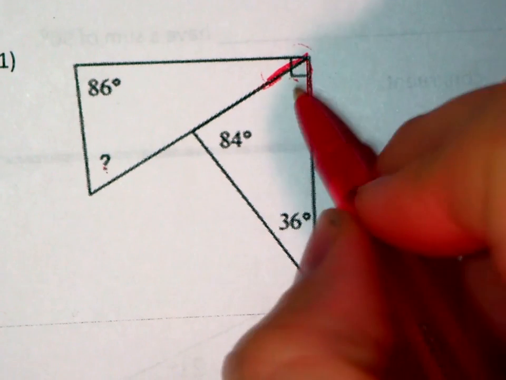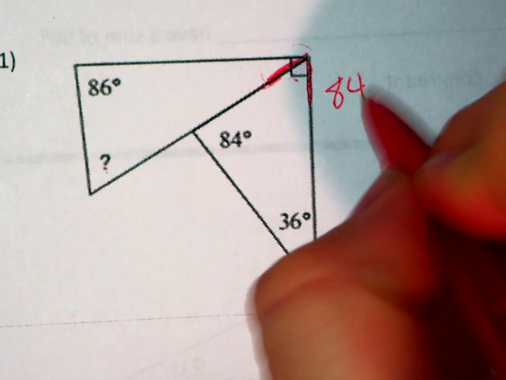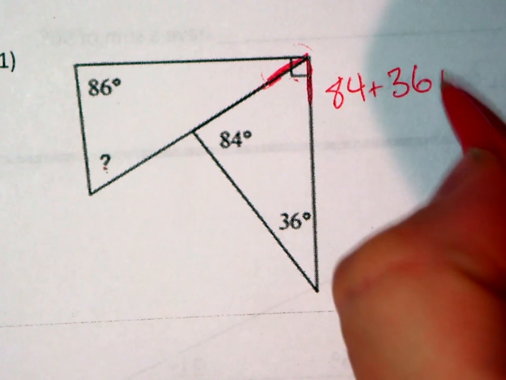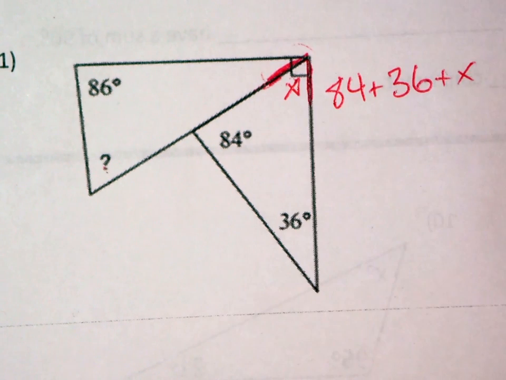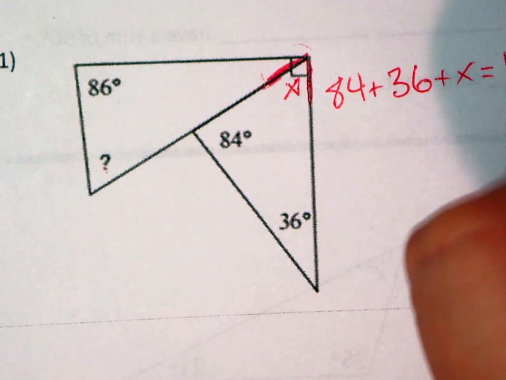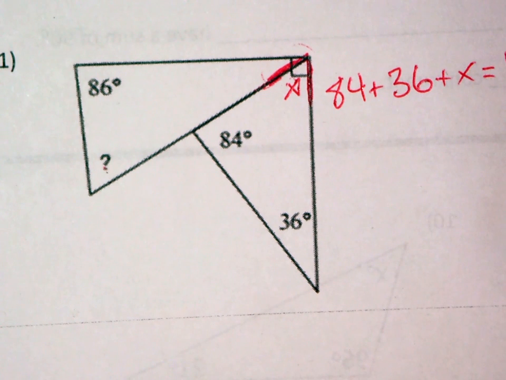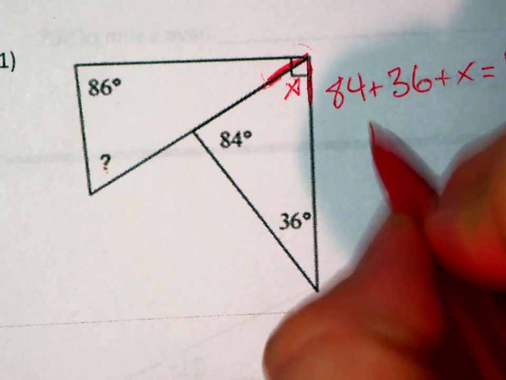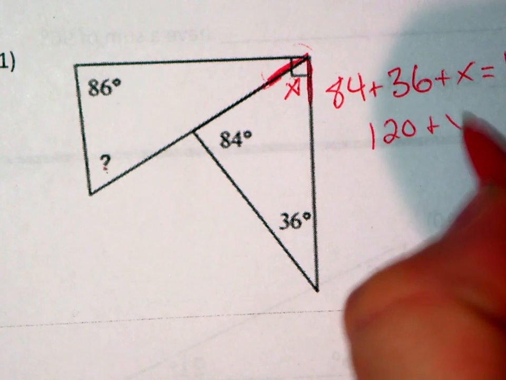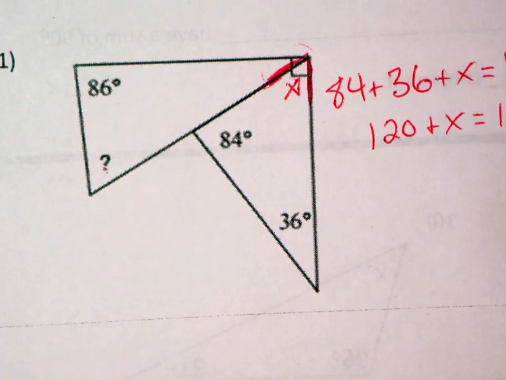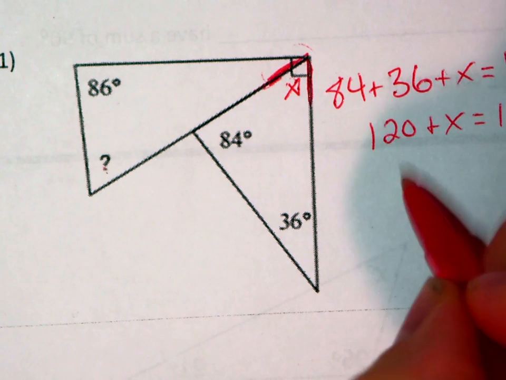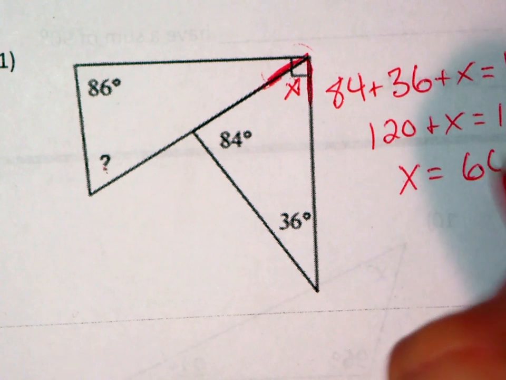So my triangle sum theorem would tell me that 84 plus 36 plus x, this is going to be my x value, equals 180 degrees. So 120 plus x equals 180 degrees. So x equals 60 degrees.